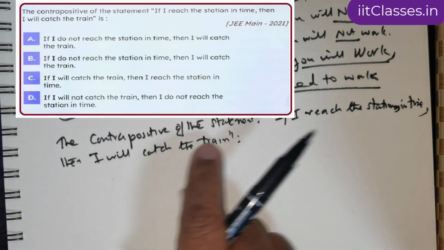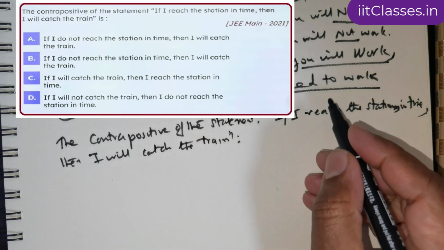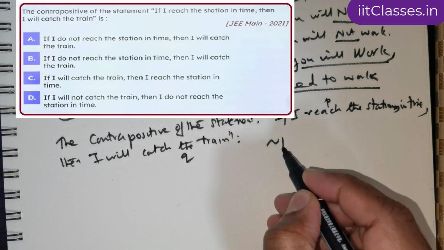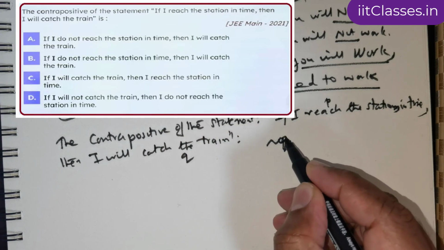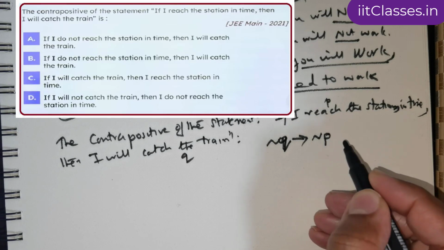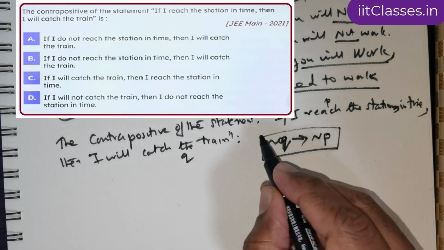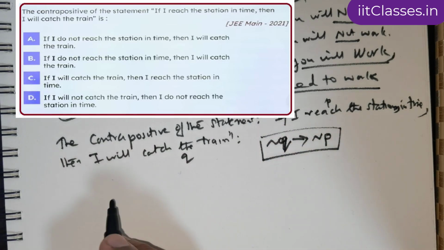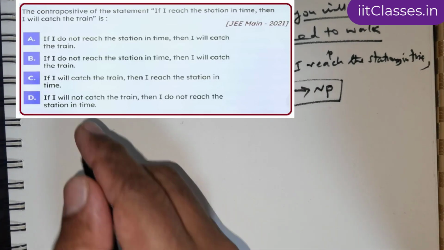So we are expected to obtain the contrapositive of this statement. This is P and this is Q. The contrapositive of this is going to be negation of Q conditional negation of P. So we will have to obtain this. So we have been given the following choices.